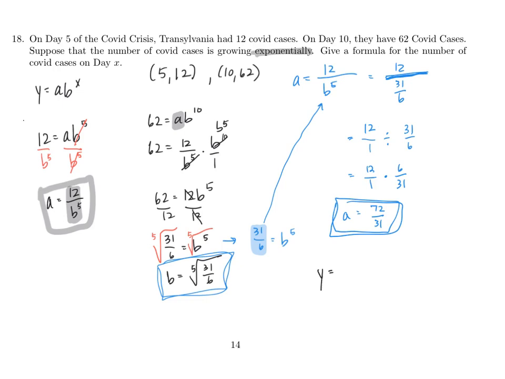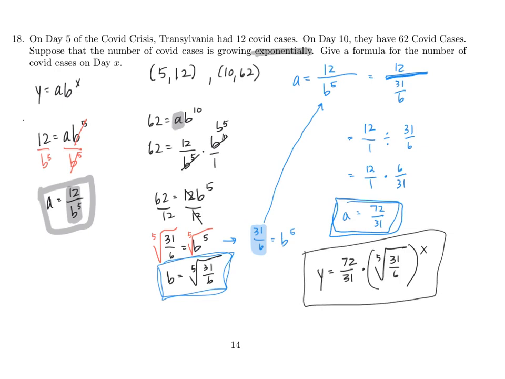So we have y equals 72 over 31 times the fifth root of 31 over 6 to the x power. And that would be our exponential equation for the growing COVID cases.